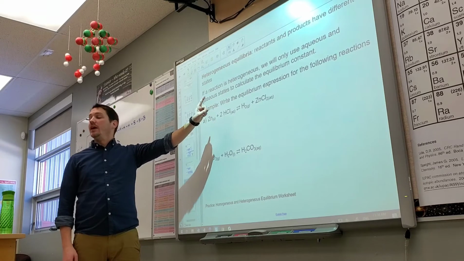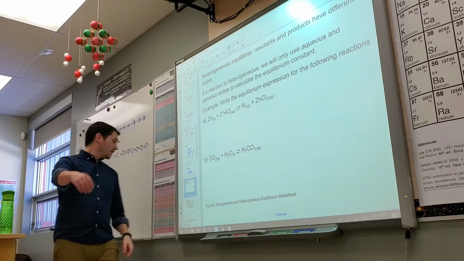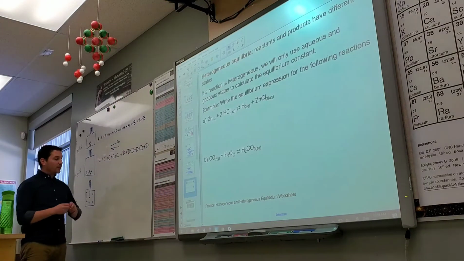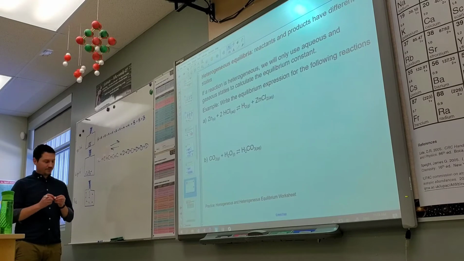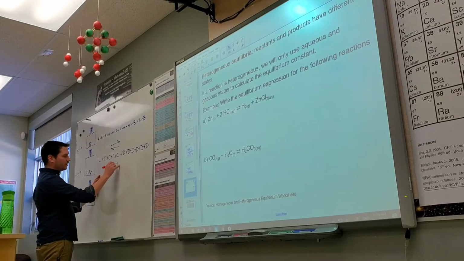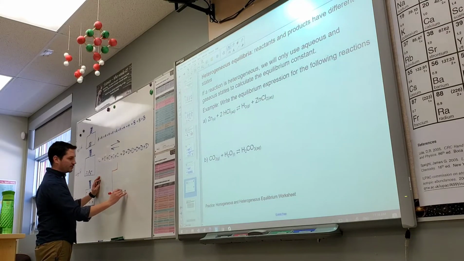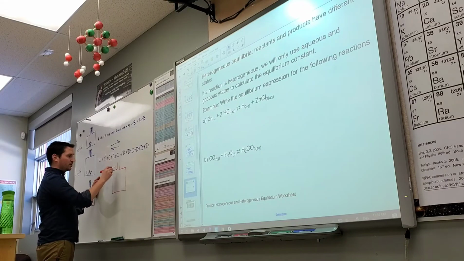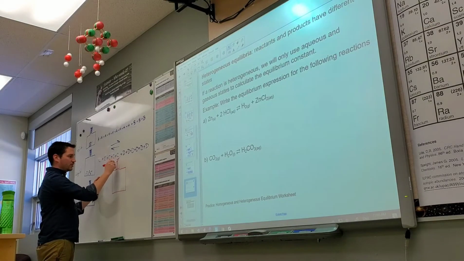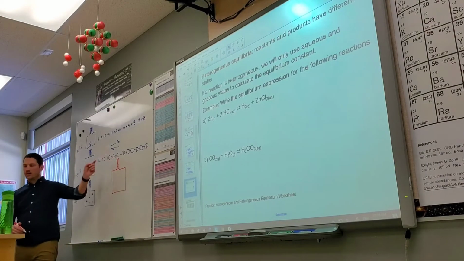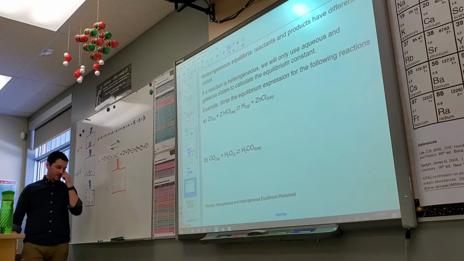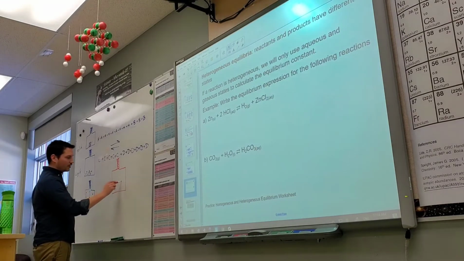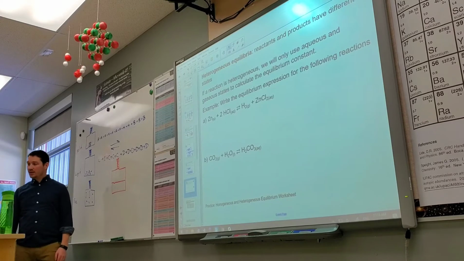Solids. And the reason why that is, if we look at a reaction, so there's a beaker, right? It's a bottle and a stopper or something like that. And we've got a liquid in here.